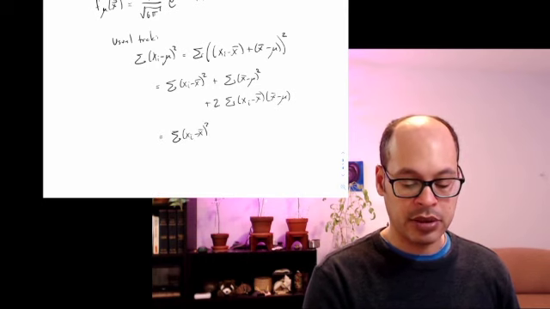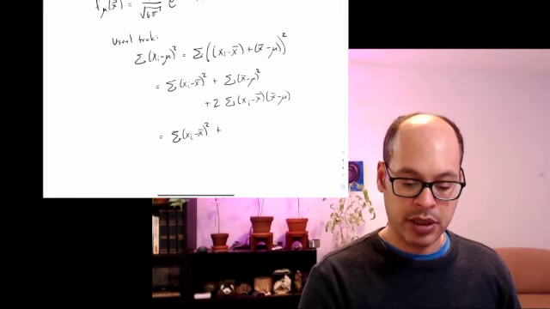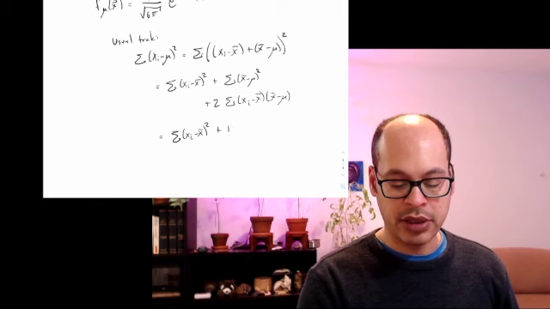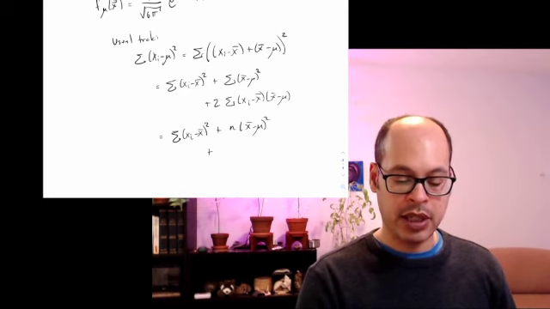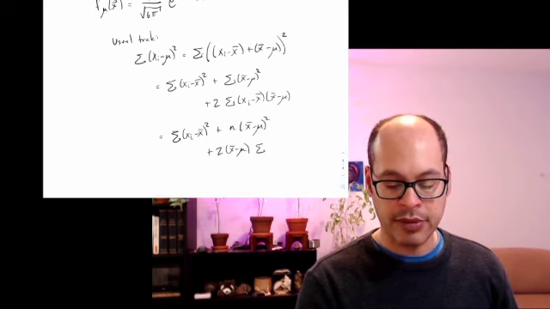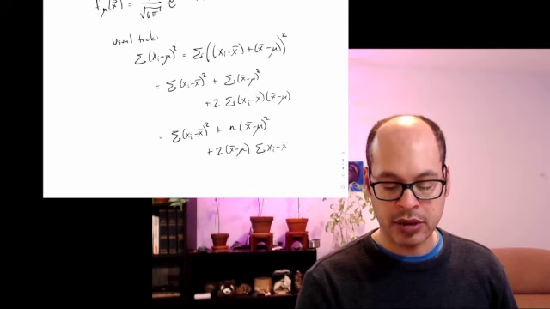The sum of (xi minus x bar) squared. So this is just n of these. N is 12 actually for us. So 12 times, let me keep it as an n for now, n times (x bar minus mu) squared. And then that last thing, I can again pull out that x bar minus mu, and I get a sum of xi minus x bar.